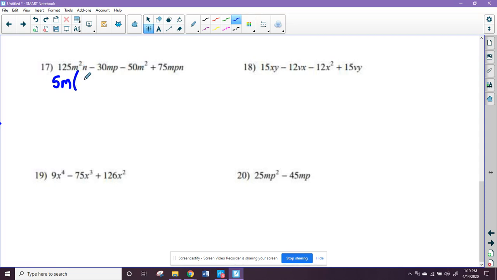And what are we left with? Left with 25mn minus 6p minus 10m plus 15pn.